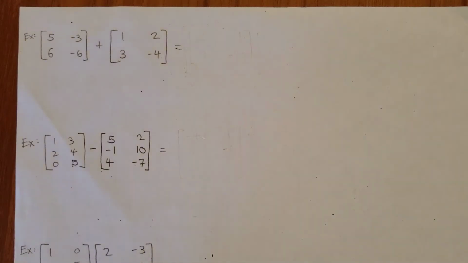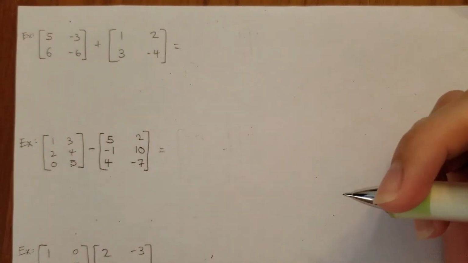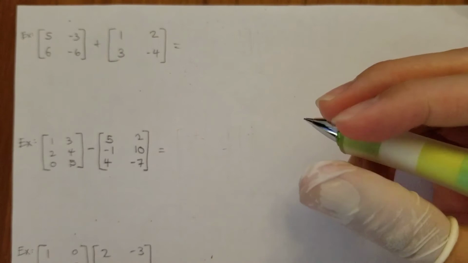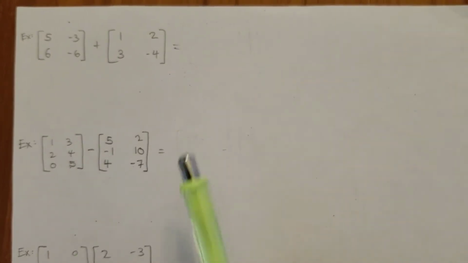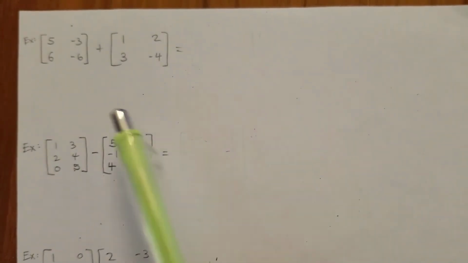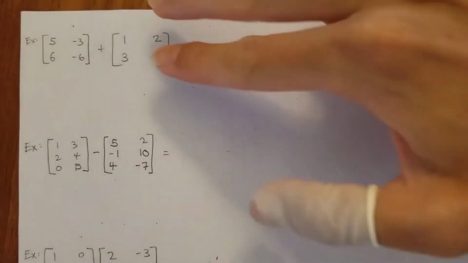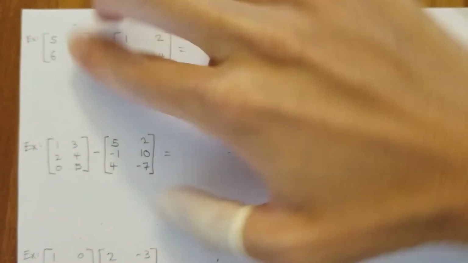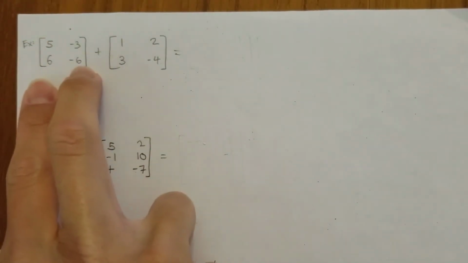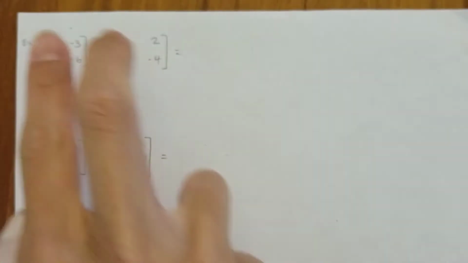Okay. So, adding and subtracting matrices. The key to adding and subtracting matrices is that the dimensions of the matrices have to be the same. For example, this is read as a 2 by 2 matrix because there's 2 rows and 2 columns.